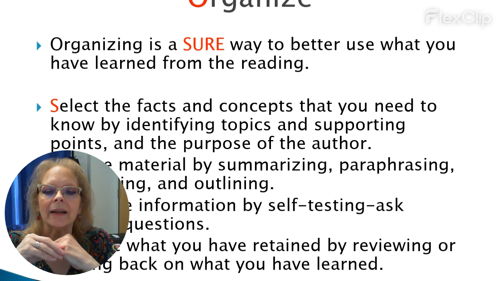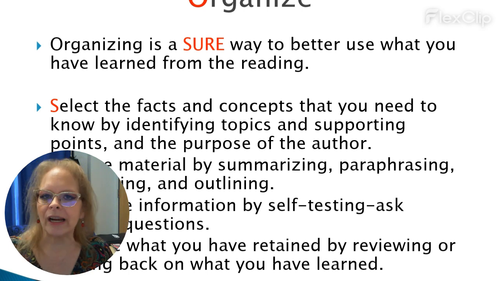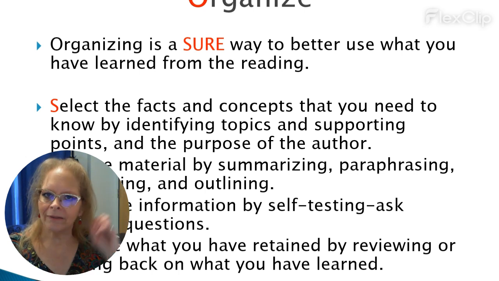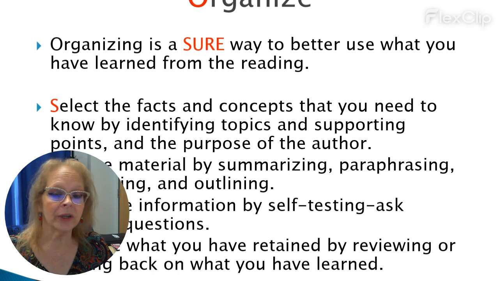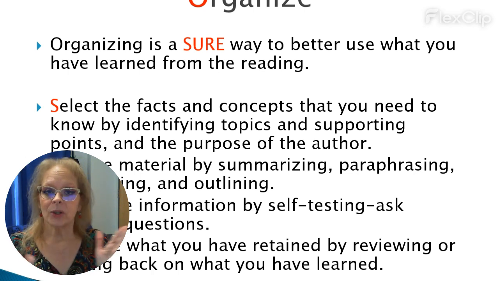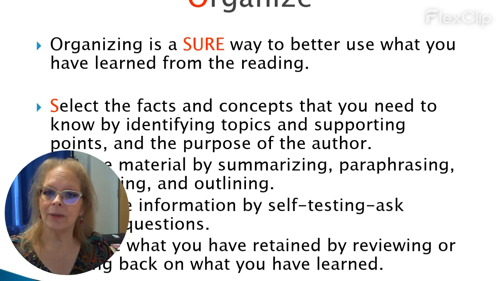Underlining and outlining. Underlining can also be highlighting. When I first started college, I was highlighting everything because it was important. I was overwhelming myself. Highlighting the main points, things that you know you have to remember so that you can go back and find it is usually a good thing. If you have an article that you're going to use, say, for writing something, it helps to print it off and highlight the pieces that are relevant to what you're going to be using in your paper.